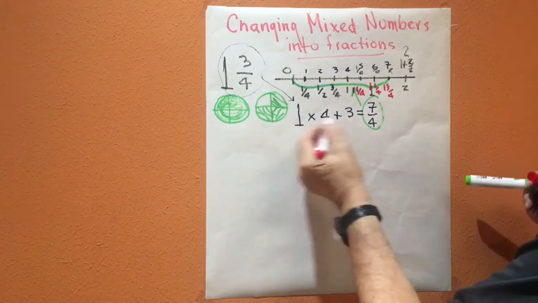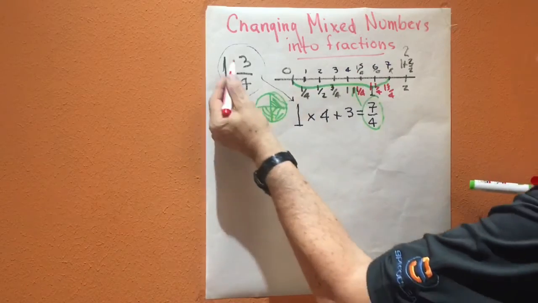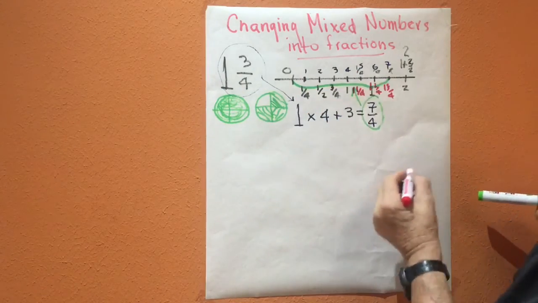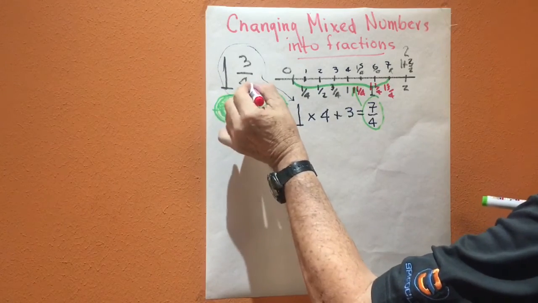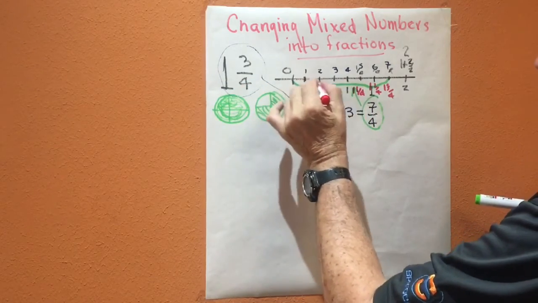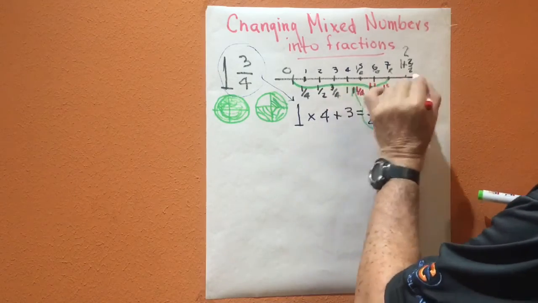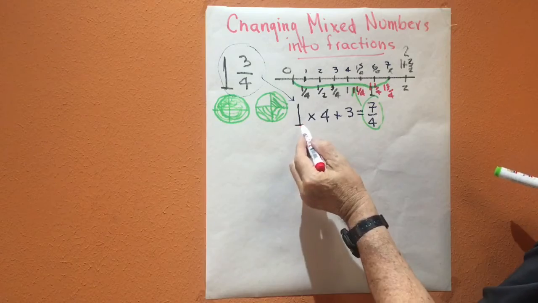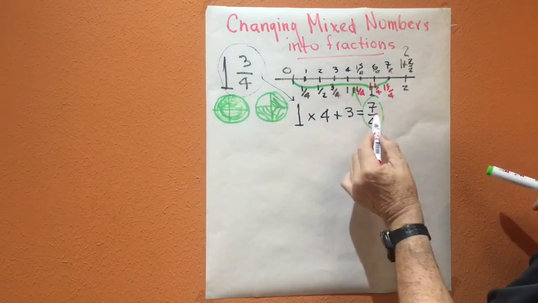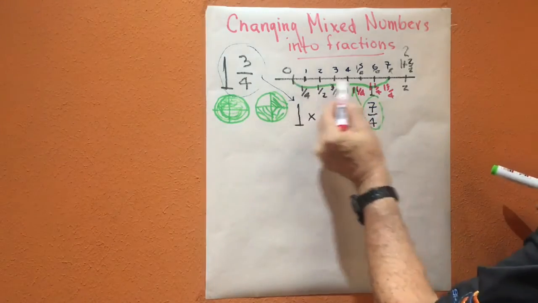So this is the way we represent the mixed number on the number line. If you divide the fractions in 4, here we have 1, 2, 3, and 4. Here 1, 2, 3, and 4. And then you change the mixed number to an improper fraction, then you can represent it.